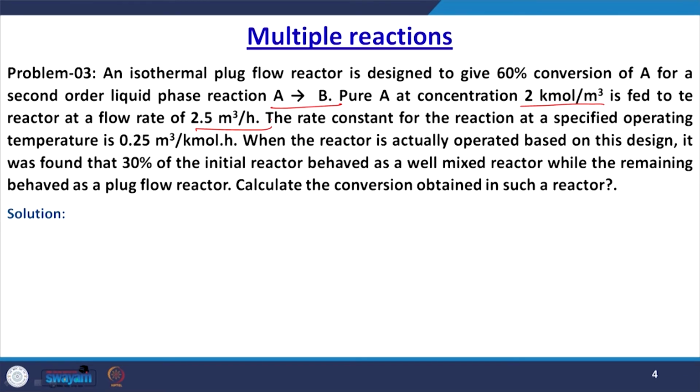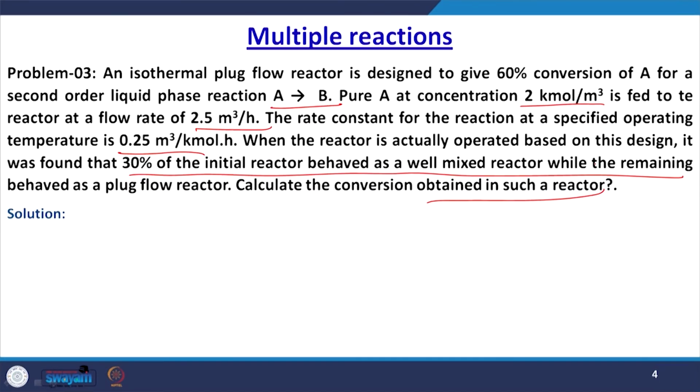The rate constant at the specified operating temperature is 0.25 meter cube per kilomole per hour. Now when the reactor is actually operated based on this design, it was found that 30% of the initial reactor behaved as a well mixed reactor, while the remaining behaved as a plug flow reactor. So you need to calculate the conversion obtained in such a reactor.